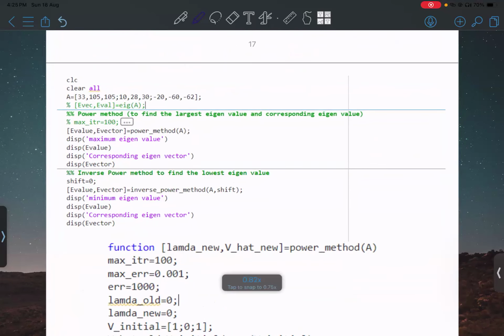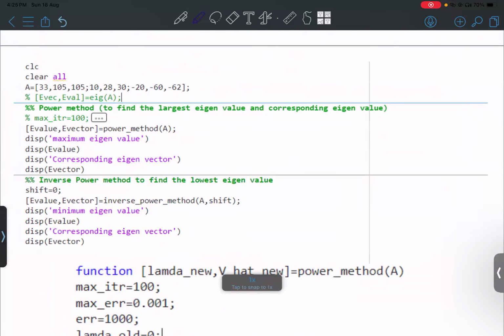So this is a program I have made in MATLAB. I have put clear, in case I have some variable already stored in my workspace that I want to remove. Then I have defined the matrix A. Then, to find the largest eigenvalue and eigenvector, I will use the power method.